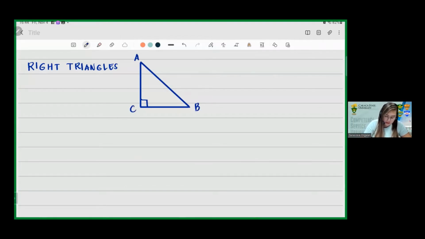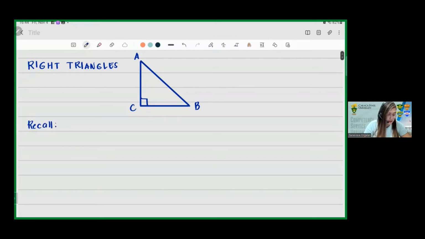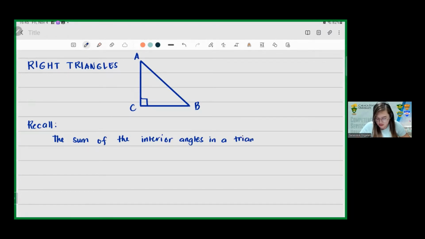So, let us recall, what is the sum of the interior angles in a triangle?